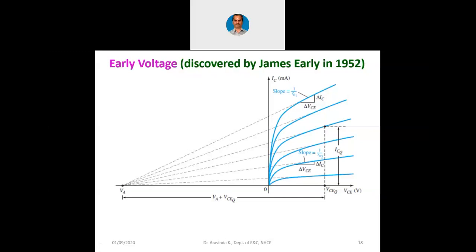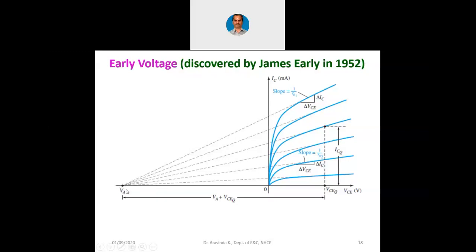To decide this, James Early made an experiment with the transistor. What he found out was that if all the lines at the output are extended with their slopes turned towards the left side, all the lines converge and join at a point called VA.